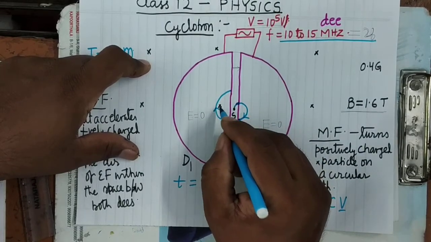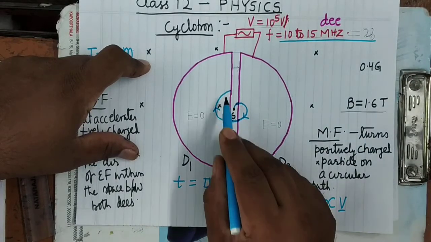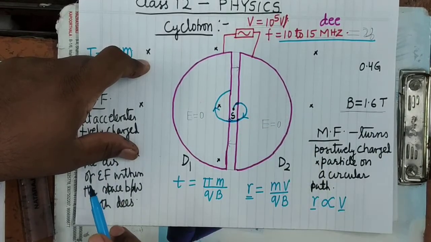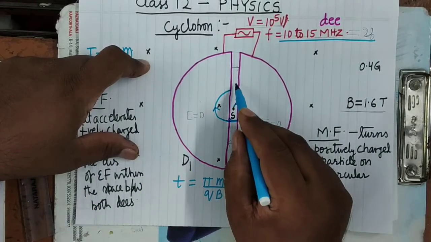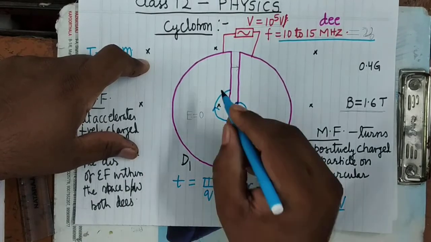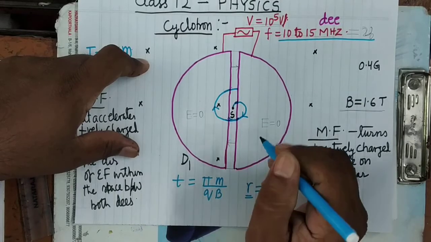Now see here, already you have set the frequency in such a way that the moment it comes out from here, the direction of electric field reverses. It finds the electric field in the same direction in which it is coming out. Therefore, once again it will accelerate. Its speed increases.